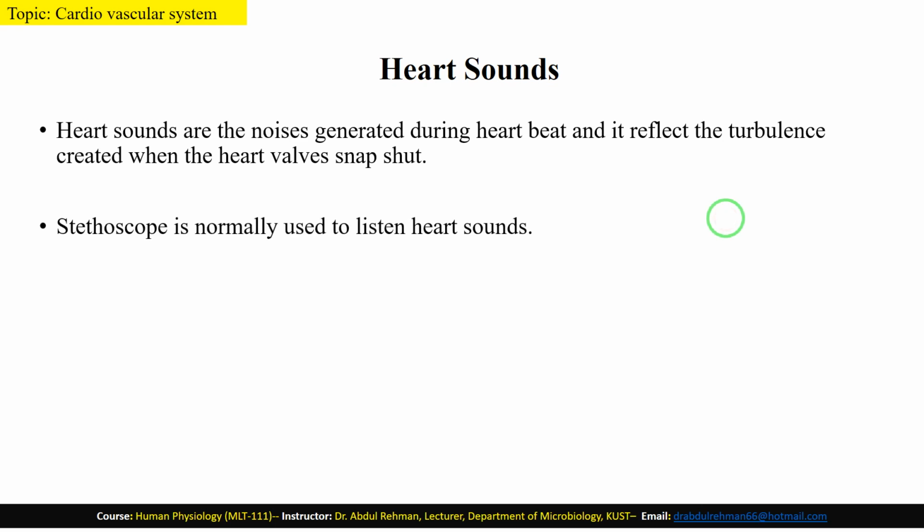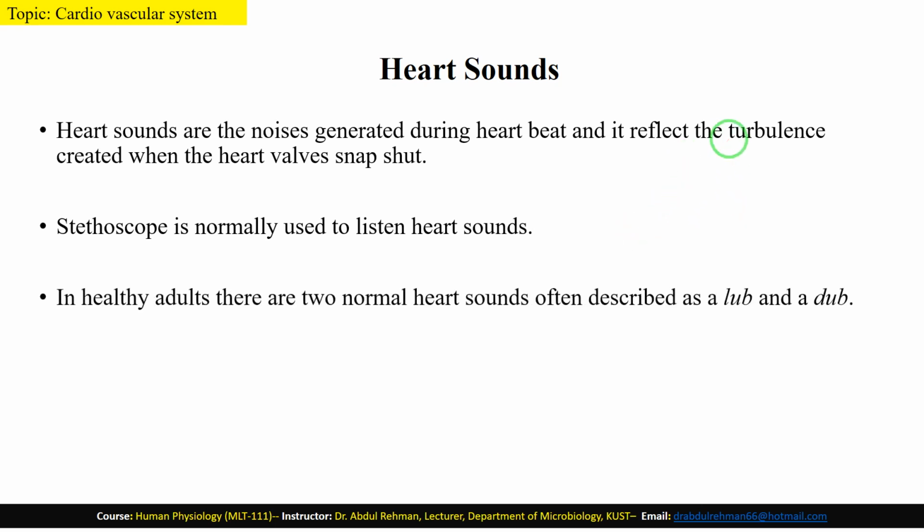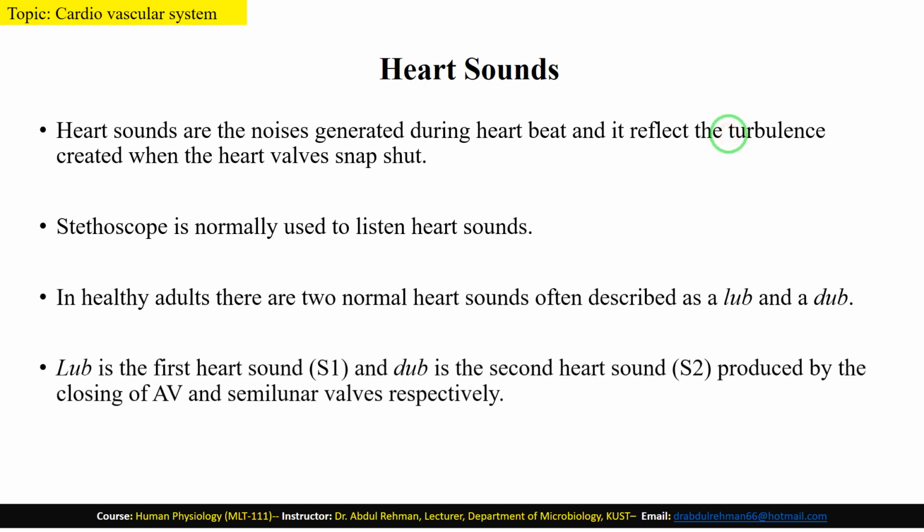That sound is called heart sound. And a stethoscope is normally used to measure the heart sounds, and in healthy adults there are two normal heart sounds often described as lub and dub. Lub is the first heart sound and dub is the second heart sound, produced by the closing of atrioventricular and semilunar valves respectively.